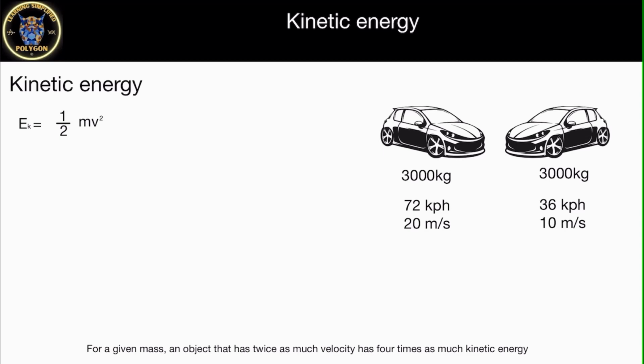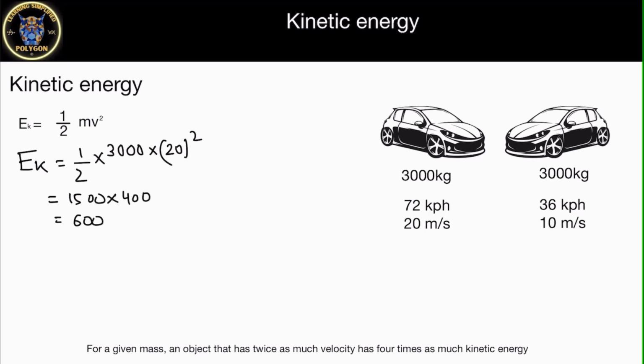So for the first car we can say KE is half times the mass, which is 3,000 kilos, times the square of velocity, which is 20 squared, and that is 1,500 times 400, or that is 600,000 joules or 600 kilojoules.